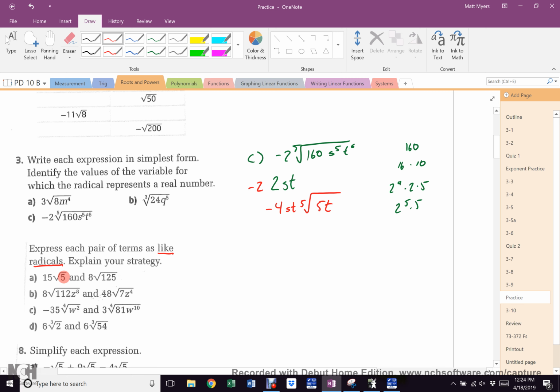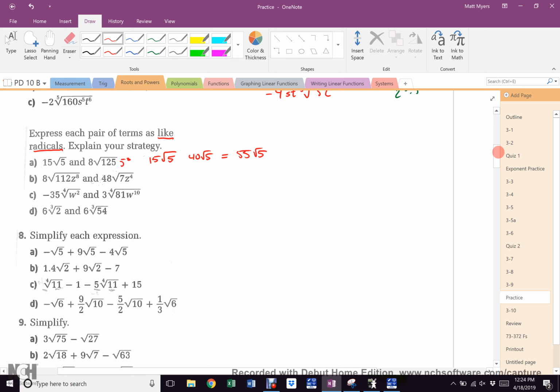So, 5 is obviously the simplest one there, so I would have to simplify that one, right? That is 5 cubed. Out would come a single 5. So it'll be 15 root 5 and 40 root 5 to get a total of 55 root 5. Okay?